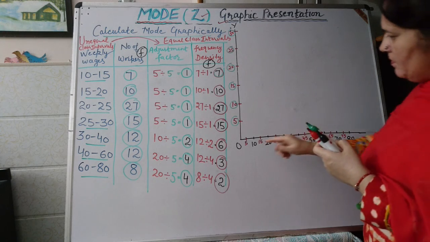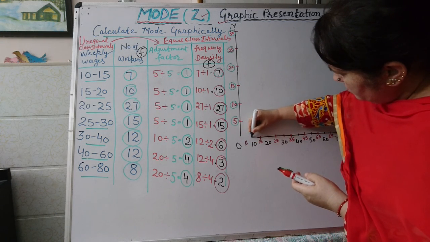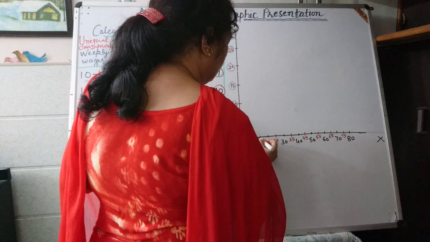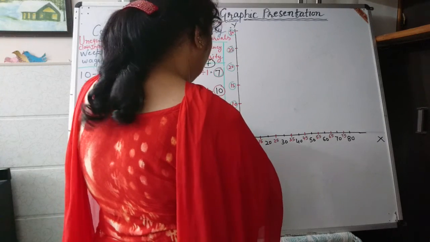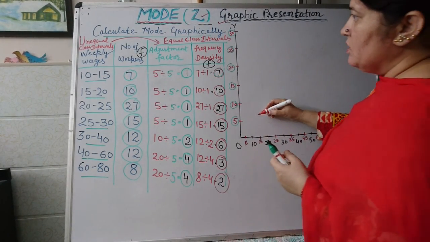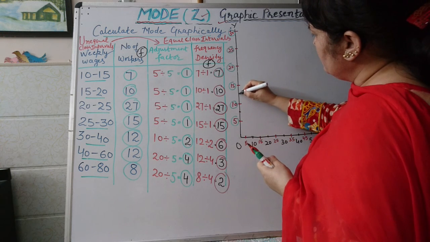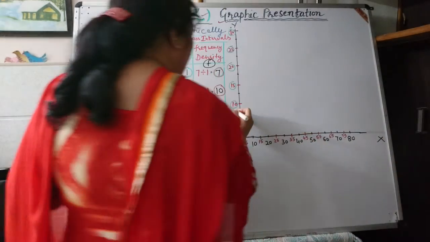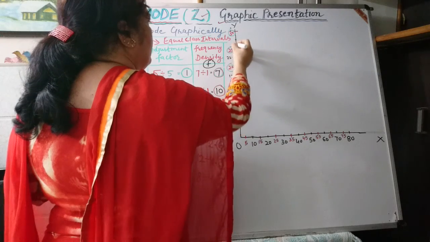So for the first class interval from 10 to 15, and number of workers, further division 7.5, 12.5, 17.5, 22.5, 27.5.